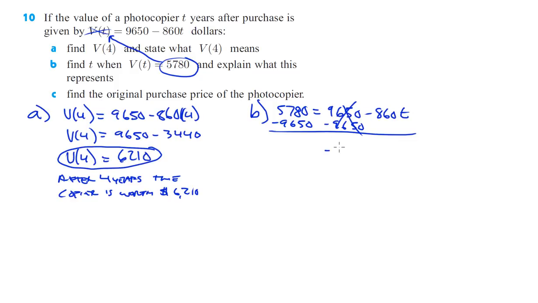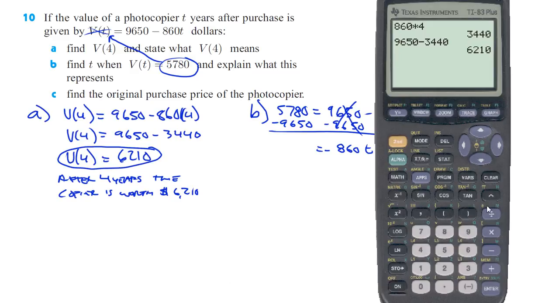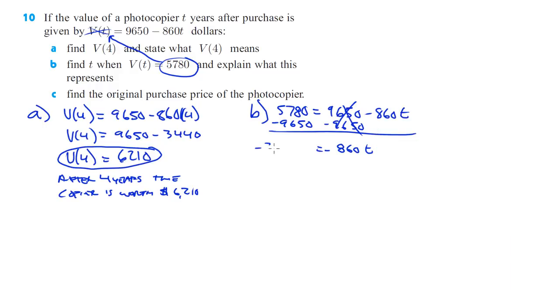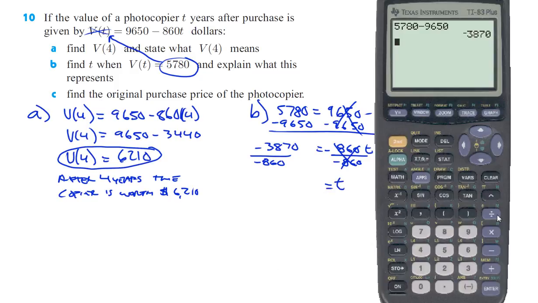We get negative 860t equals 5780 minus 9650, and we get negative 3870. And we're going to want to divide by negative 860 to get t by itself. So t equals negative 3870 divided by negative 860. We get 4.5.